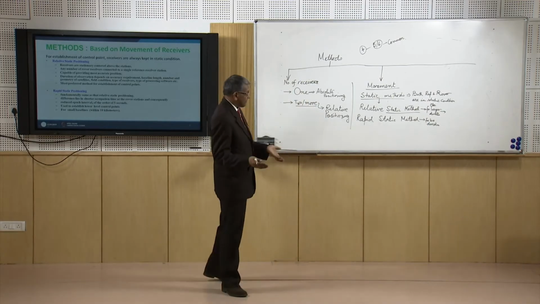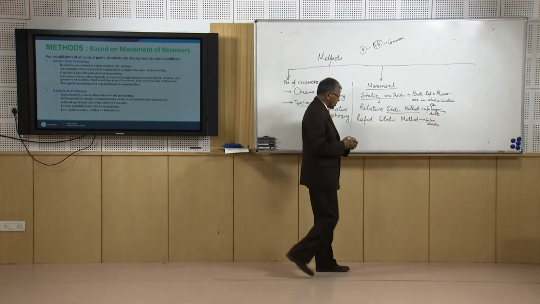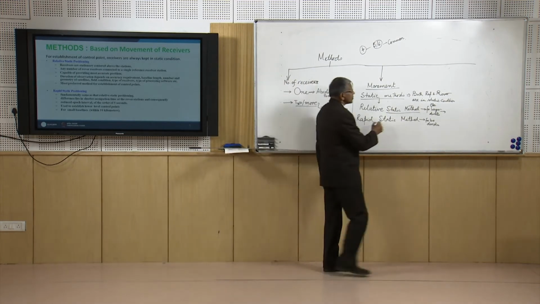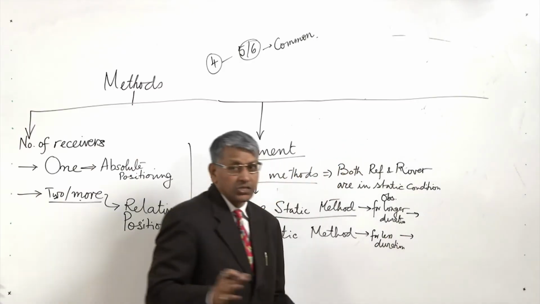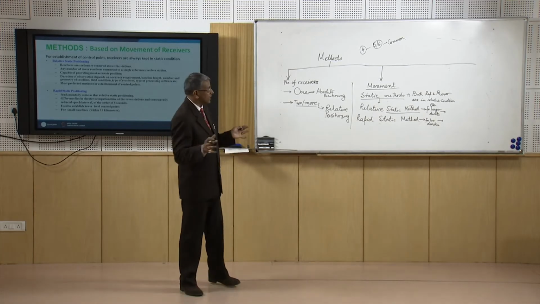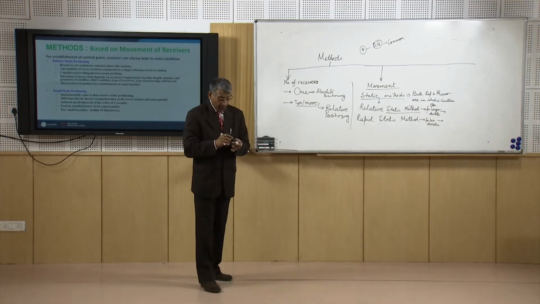In the rapid static method we go for a higher epoch, meaning 5 seconds, and this is generally used for stations which are not much away, maybe 1 kilometer or 2 kilometers.